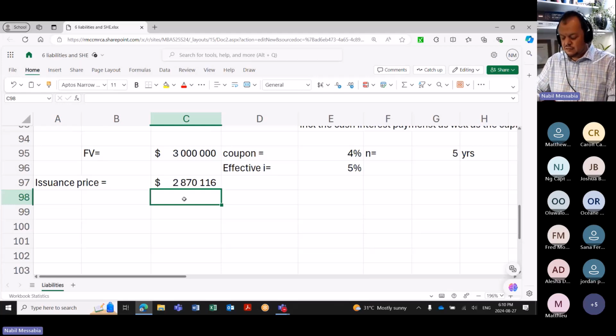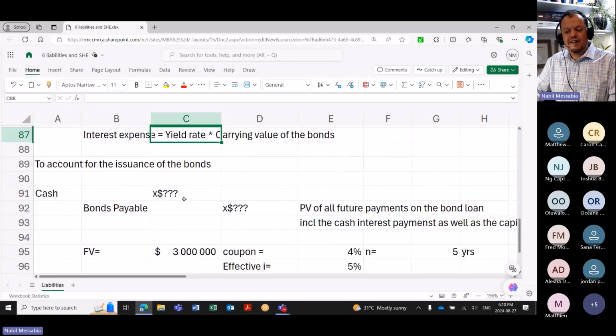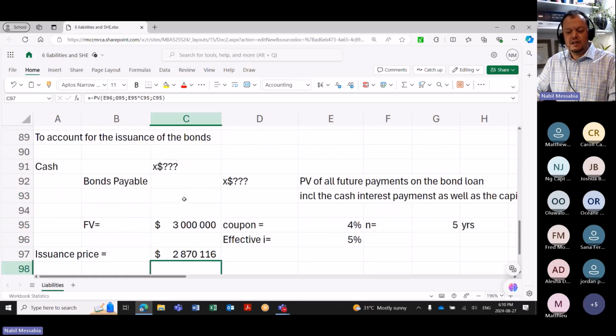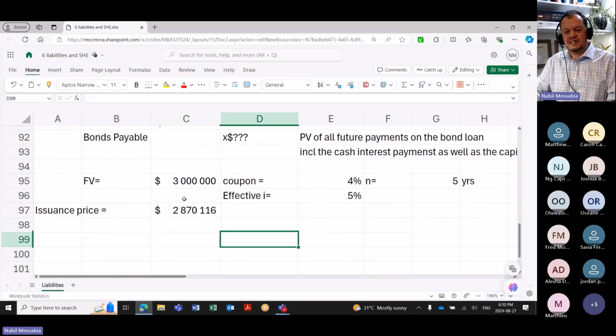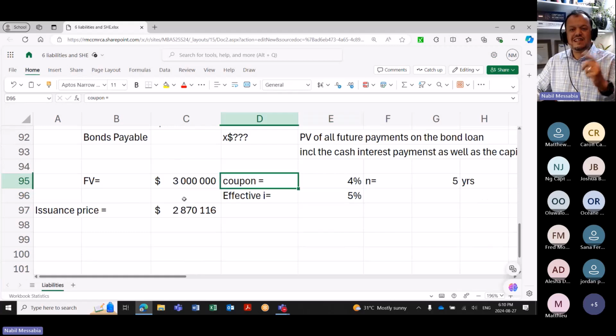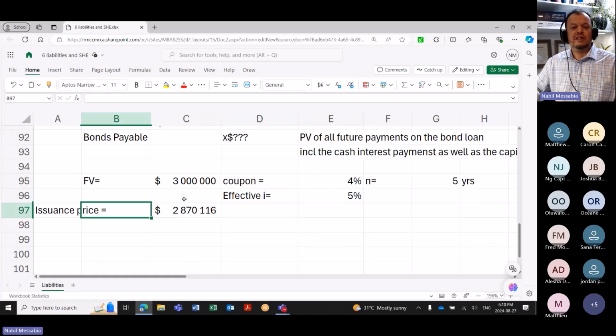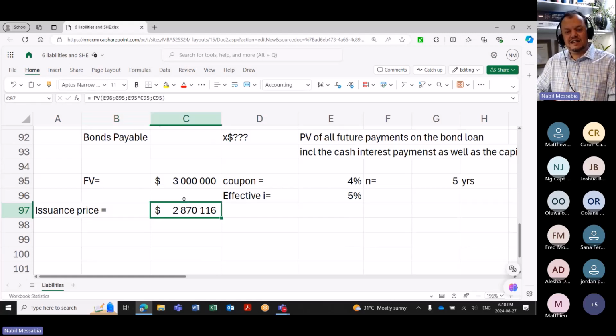Now it makes sense for me to sacrifice a 5% rate on the market in favor of a 4% rate from you, considering that today I'm not going to pay the full amount of the face value. I'm just going to pay 2,800,000, while at the maturity day I'm going to collect 3 million. So this is the market explanation why the issuance amount here is lower than the face value.